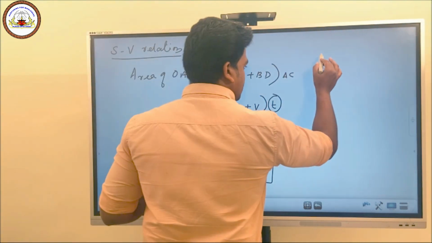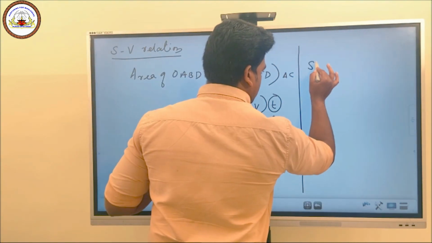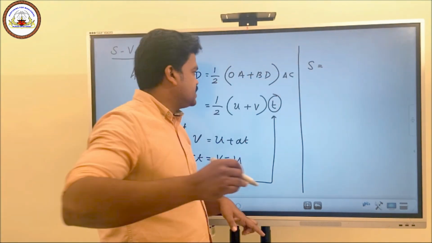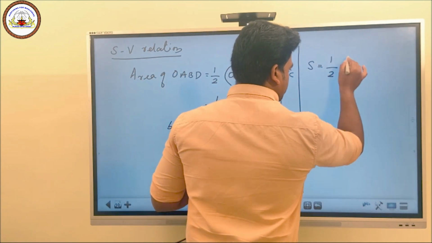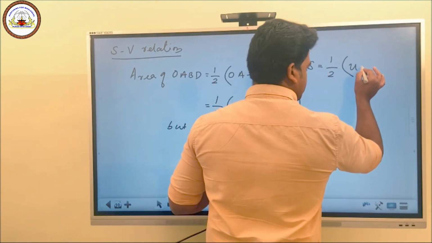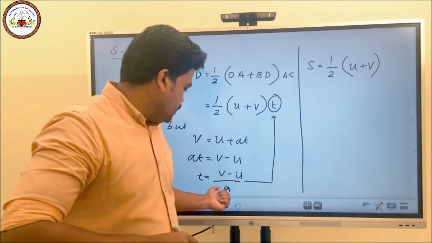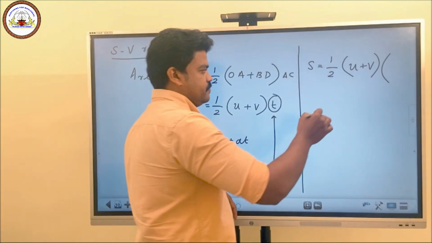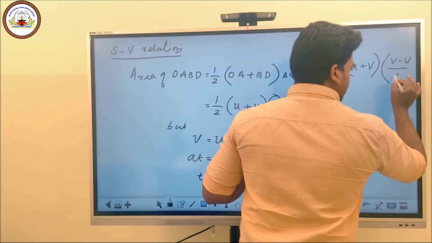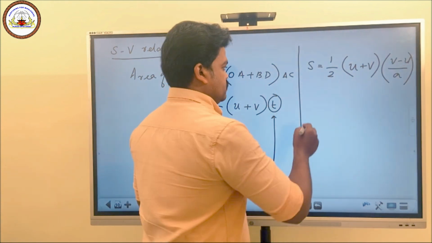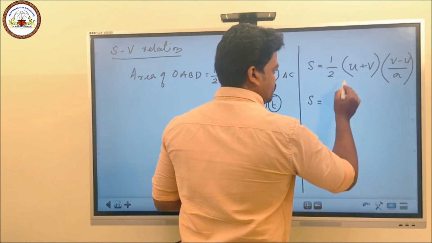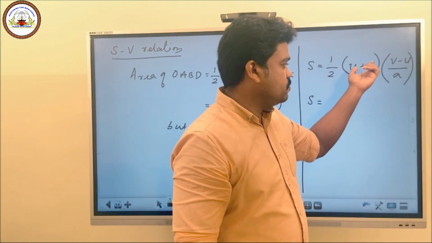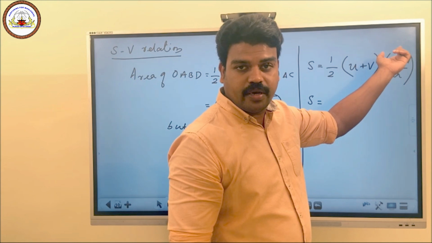Displacement S, the area of the trapezium OABD, is equal to half into (U plus V) into (V minus U) by A. The numerator is (V plus U) into (V minus U); a plus b into a minus b is a square minus b square.